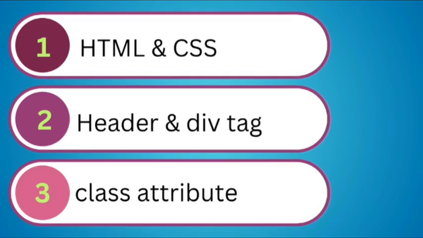Firstly, it's about HTML and CSS, and secondly, the HTML tags, header and div. I'll try my best to explain what each tag does, and I hope everything will be clear in this tutorial. And the third one is the class attribute, which is mainly used for styling purposes.